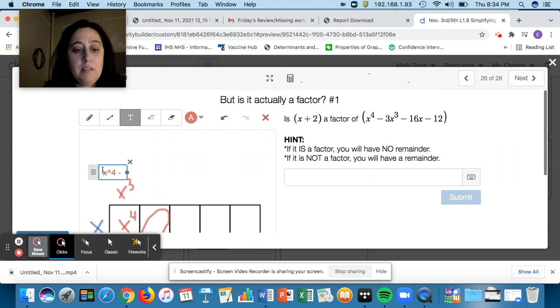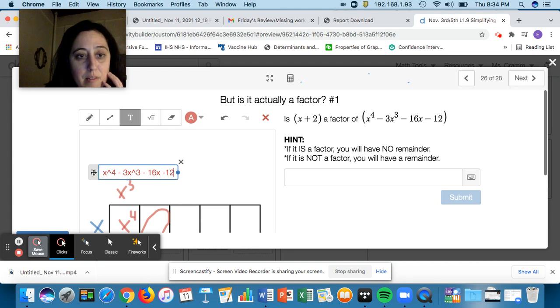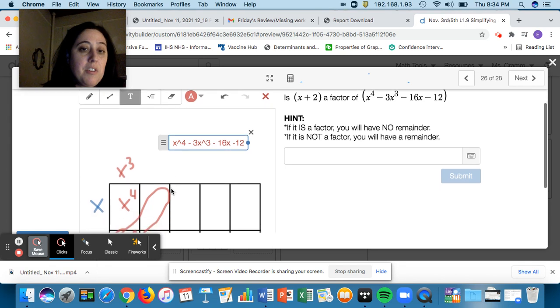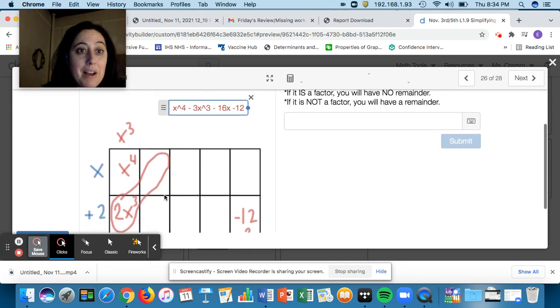Minus. So again, this is my original, and this is what should be inside of the box. I've got 2x to the third, and I need negative 3.